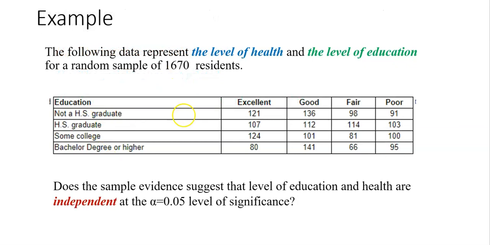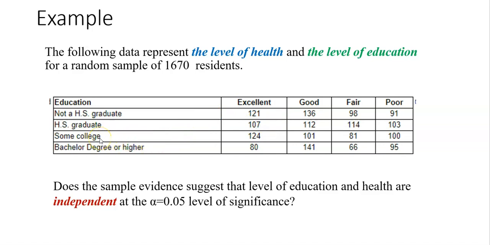For instance, if we have a data table like this, we may have a categorical variable showing the level of health against another categorical variable that shows the level of education. For a random sample of 1670 residents, here we have counts of data that fall into each category.